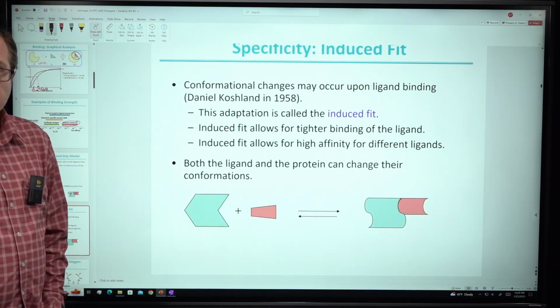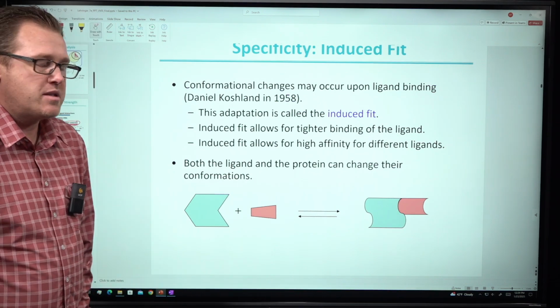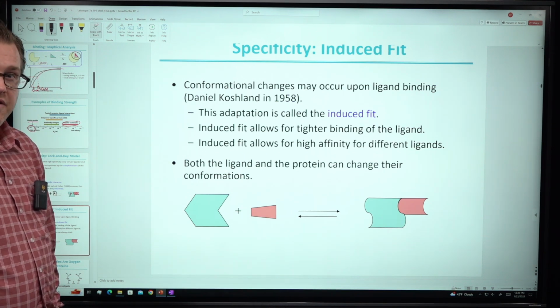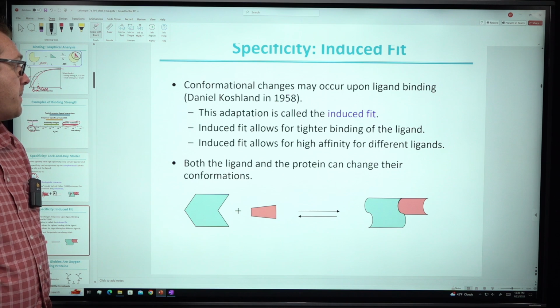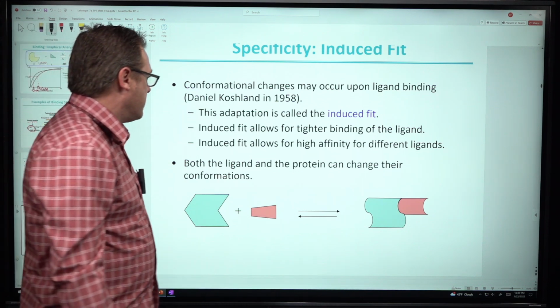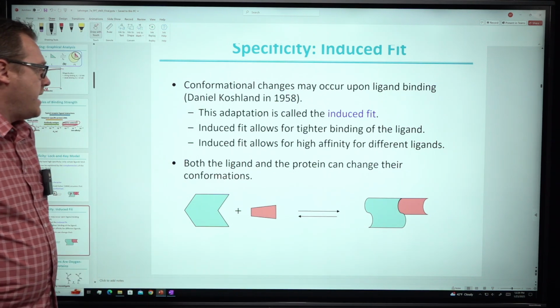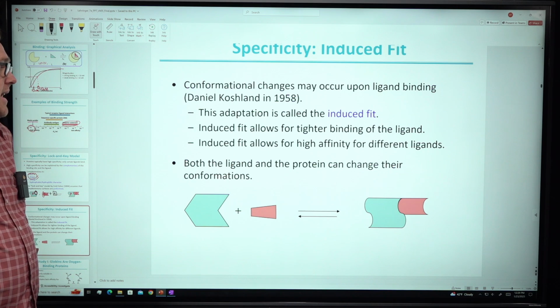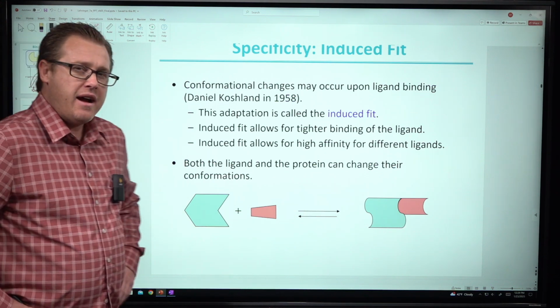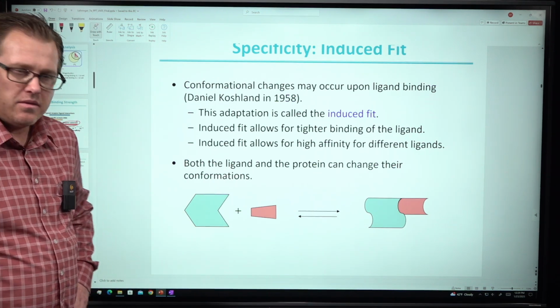Okay, the next model to explain binding is an induced fit model. Now, this model says that the induced fit allows for a tighter binding and much higher affinity than the lock and key model.